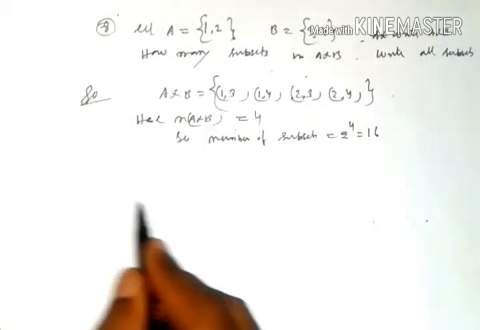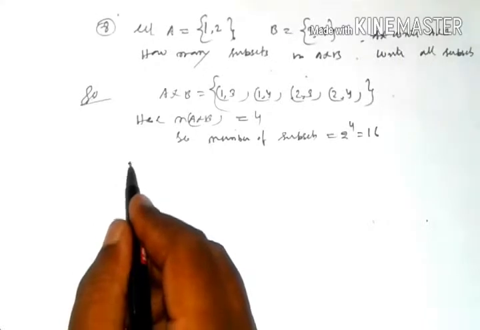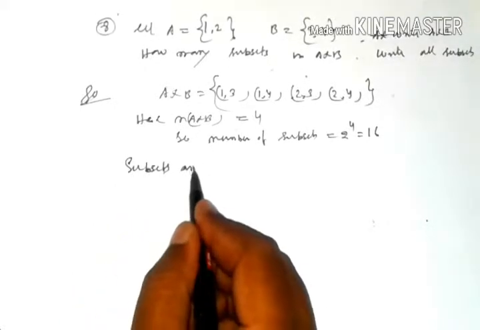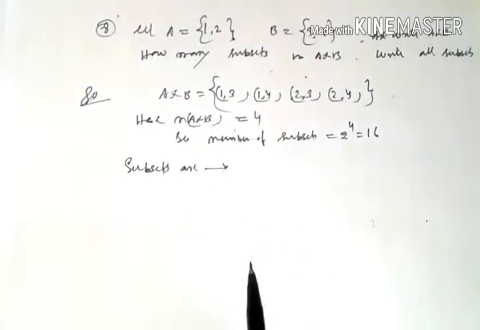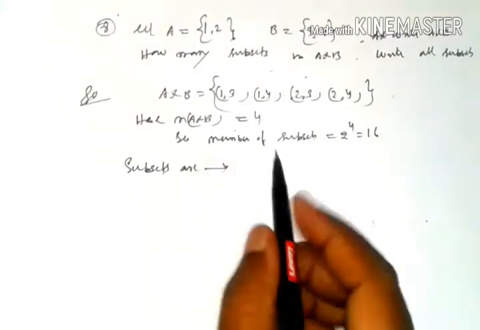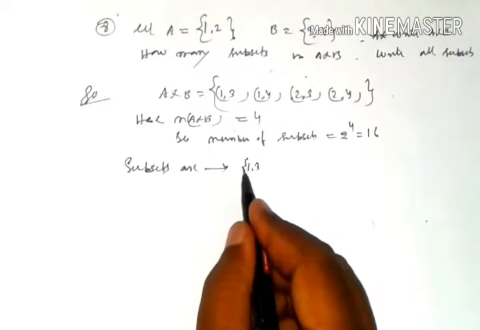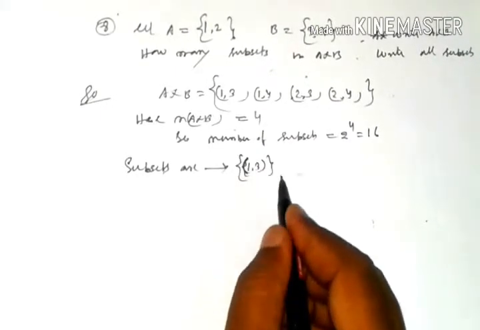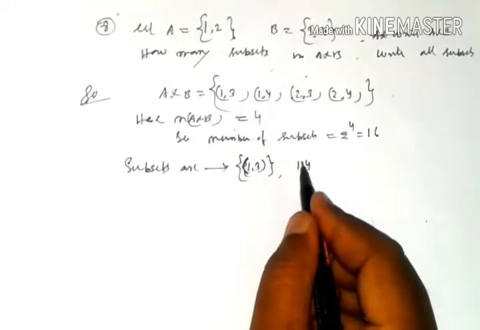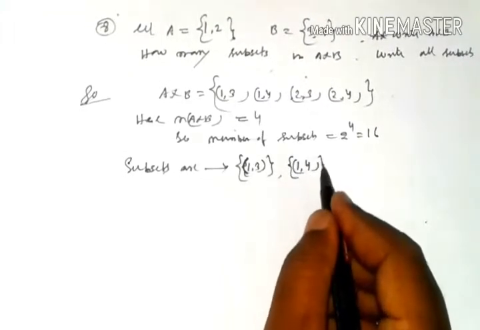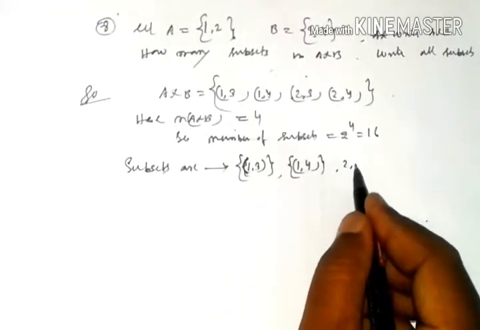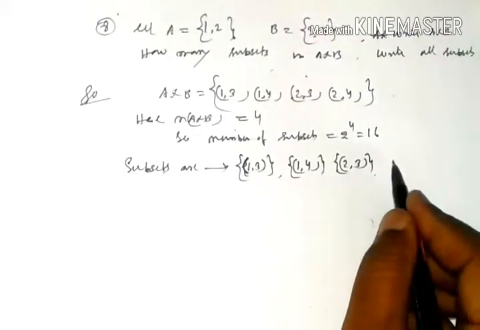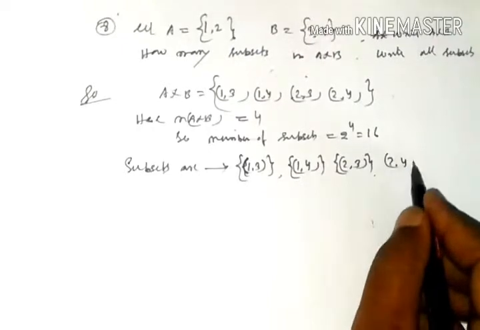We have to write all the subsets. At first, taking one element: {(1, 3)}, {(1, 4)}, {(2, 3)}, {(2, 4)}.